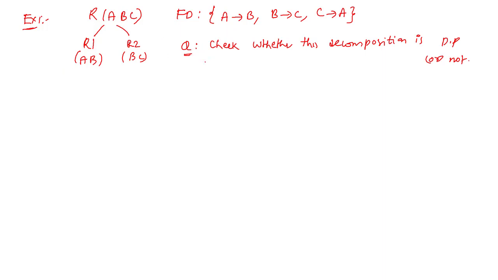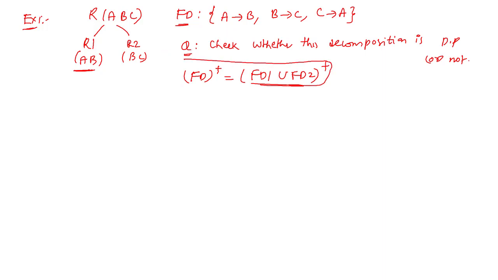To give the solution for this, you have to calculate the closure of the functional dependencies for the relation R and check whether it is equal to the closure of FD1 union FD2, the union of the functional dependencies. This is the thing you have to prove. If this is equivalent, then we can say dependency is preserved, otherwise dependency is not preserved.